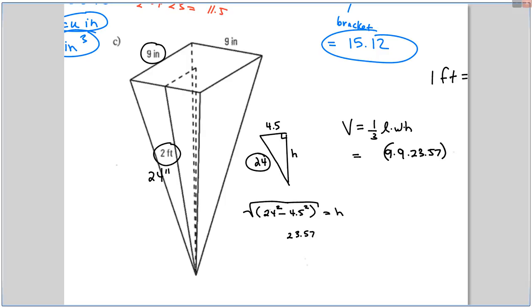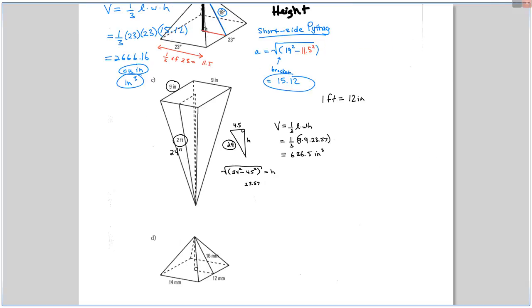That would be the LWH, and then you just basically divide by 3. 9 times 9 times that number. 636.5? And that is going to be cubic inch, because we switched into inches. And with the bottom question, there should be no issues whatsoever. Identical. So we're going to move on.